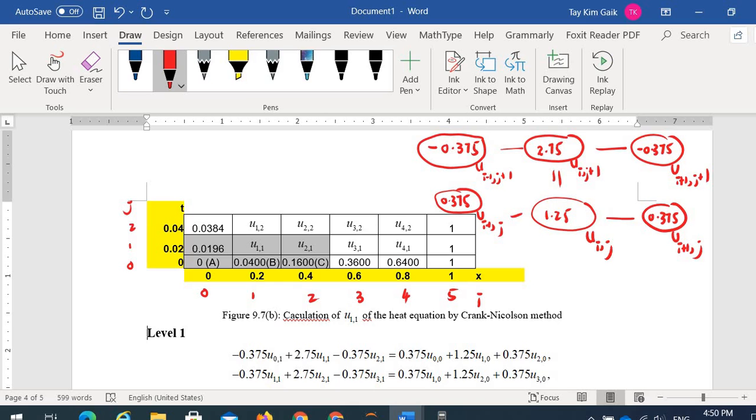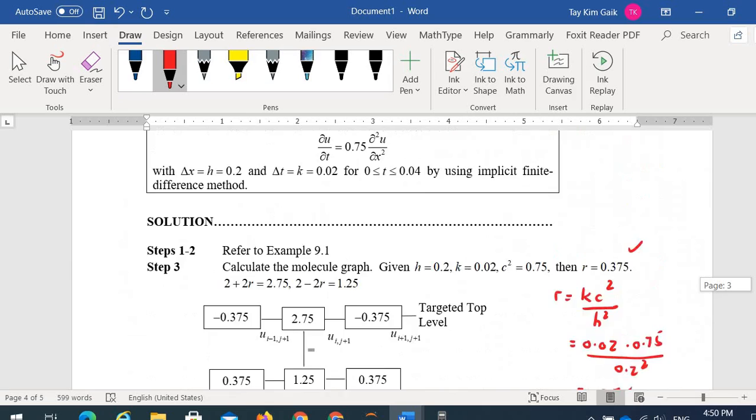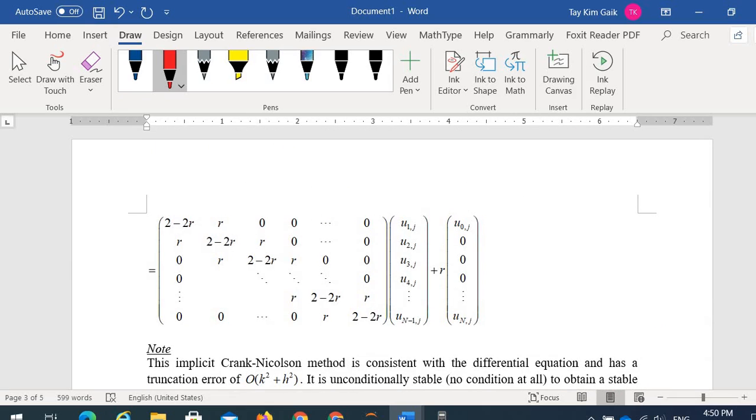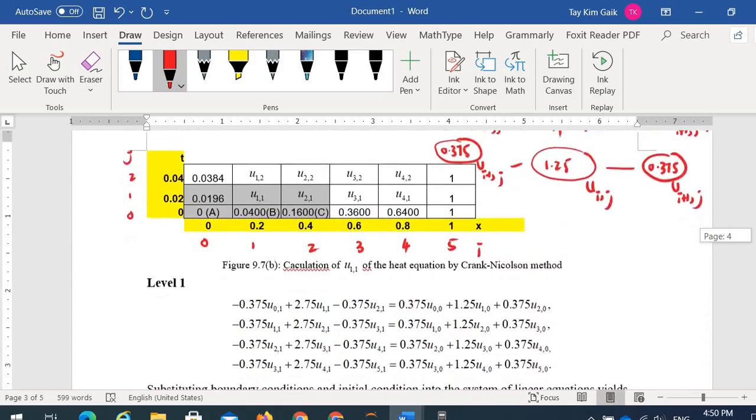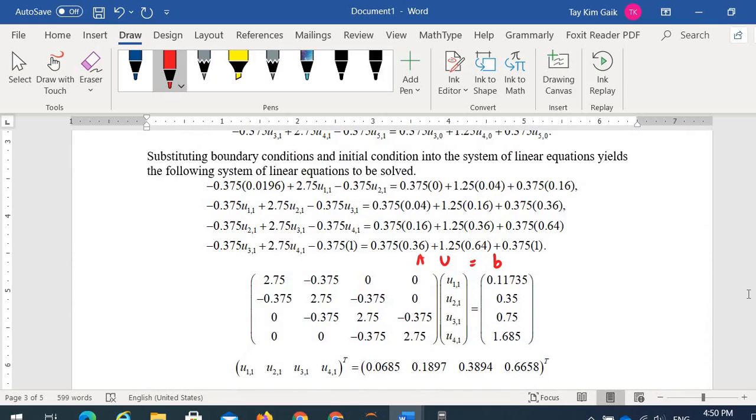How do I get the right hand side? This one is an initial condition, and if this is a boundary condition, it is actually part of the vector B. How do you get the vector B here?